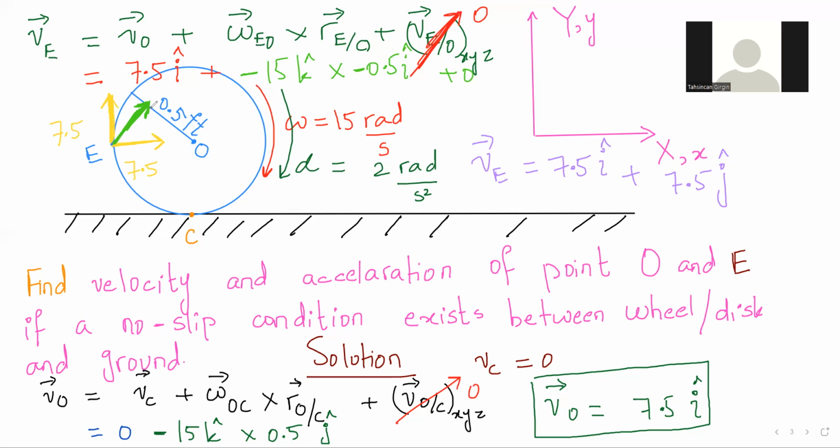You give me the acceleration of point O. If you are able to pull this off in this class, then you will also give me the acceleration of point E. You are doing it. 45 minutes. I'm not doing anything from here. You have to do it. It's going to be very hard because the acceleration of point C is not completely 0. It will be tricky. I will explain when you do it.